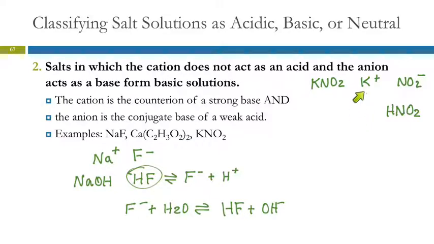But how could this have come from a base? It could come from potassium hydroxide, right? Are there hydroxide ions present in pure water? Yes, there are. Not very many, but they're there.